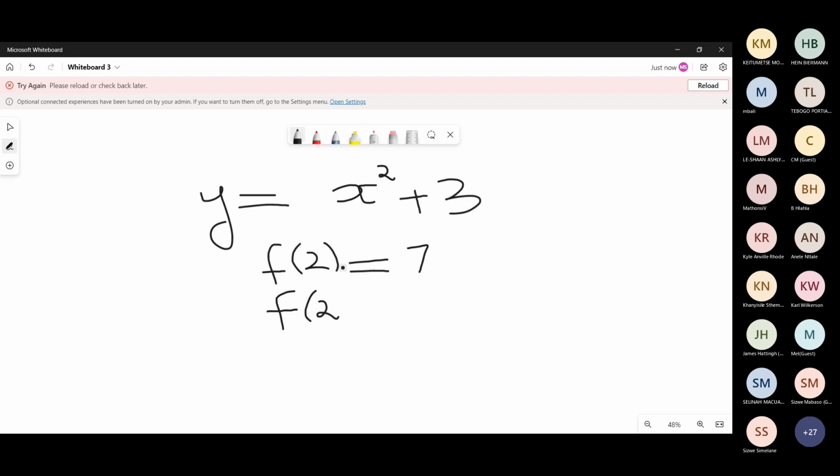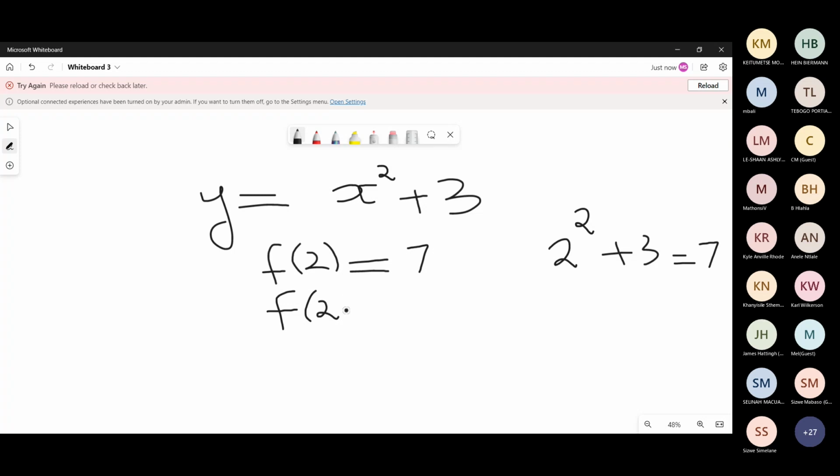How do you say 2 squared? Here we replace x by 2: 2 power 2 plus 3. This is 7. 2 times 2 is 4, plus 3 is 7.